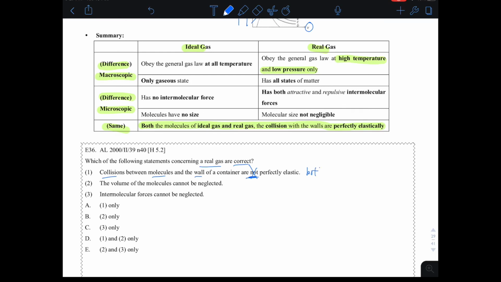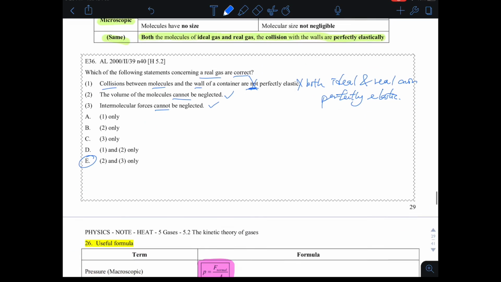It should be both ideal and real gas are perfectly elastic in their collision. This is wrong. The volume of the molecules cannot be neglected. Yes, because this is not following the assumption of ideal gas. Intermolecular forces cannot be neglected. Yes. So the answer should be E here.